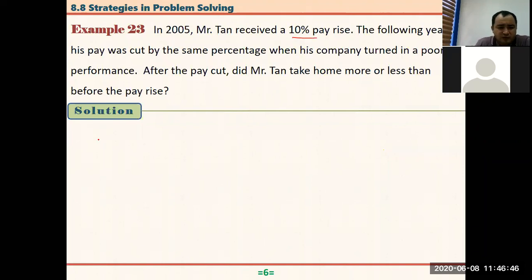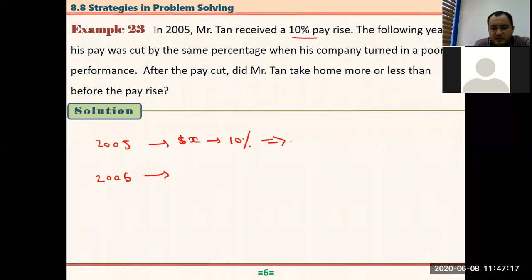First, here we have two different years, 2005 and the next year, 2006, right? And assume that in 2005, his salary was X dollars. Or you can just write $1,000, $100, $2,000. In general, it is X dollars, right? And after he gets a 10% rise, now what is his new salary?